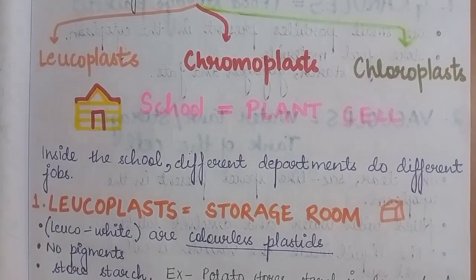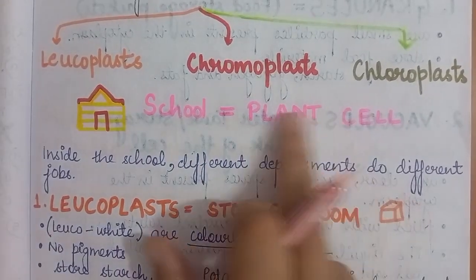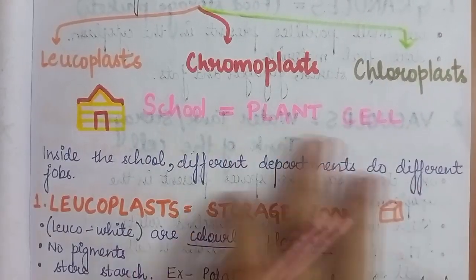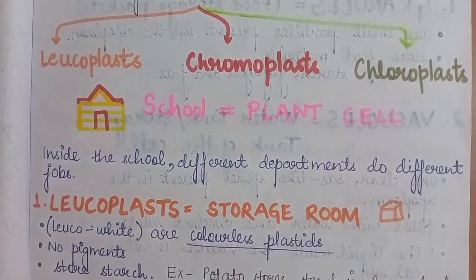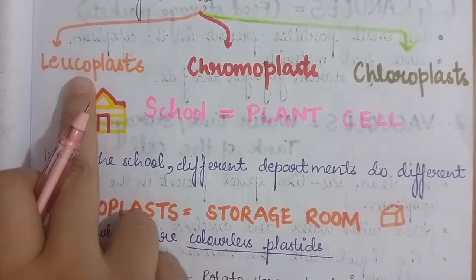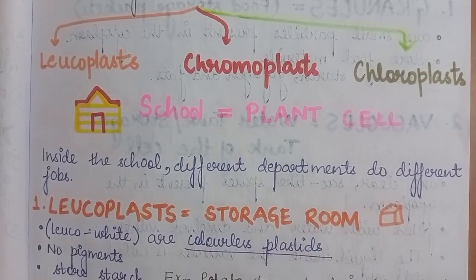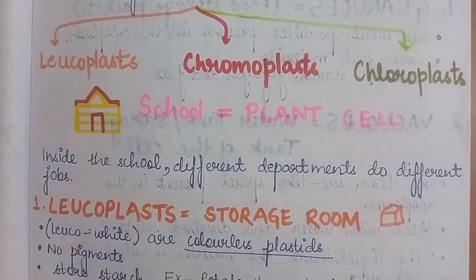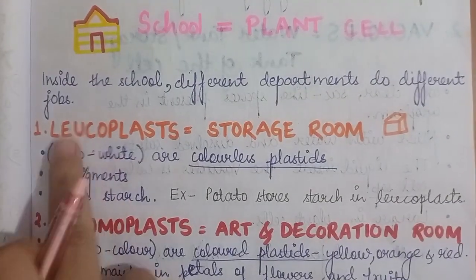Here we are assuming a school as a plant cell. In a plant cell, different departments have different functions. Similarly, we will consider leucoplast, chromoplast, and chloroplast as different departments of a plant cell with their specific functions. So first let's study leucoplast.